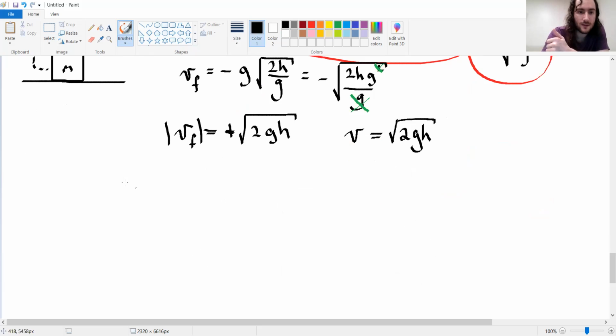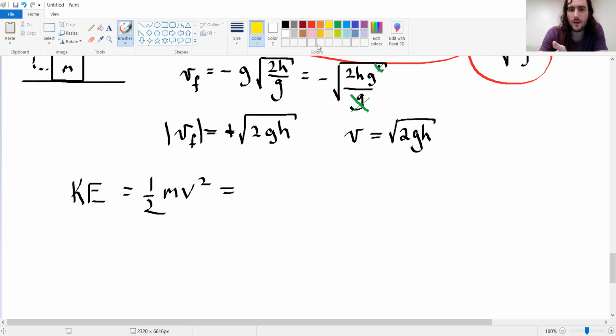So let's see what happens. The kinetic energy is equal to 1/2 m v squared, right? We just calculated v, so let's plug it in, and we get to square it. Look at that, the square root cancels out, right?